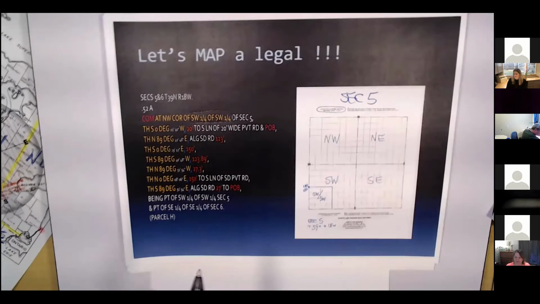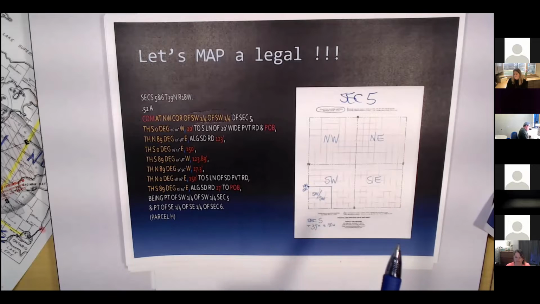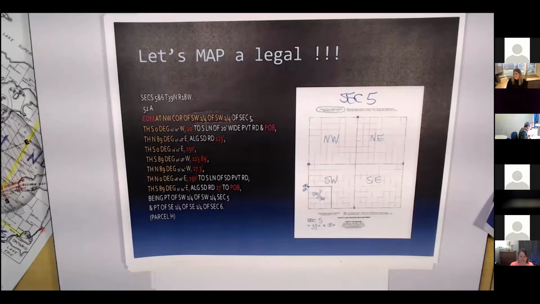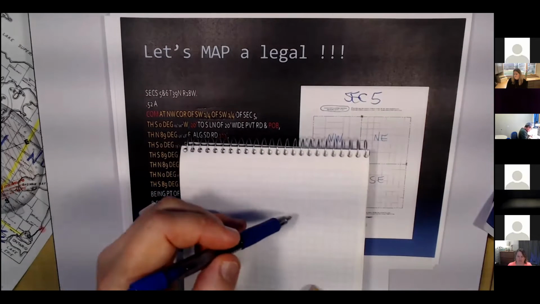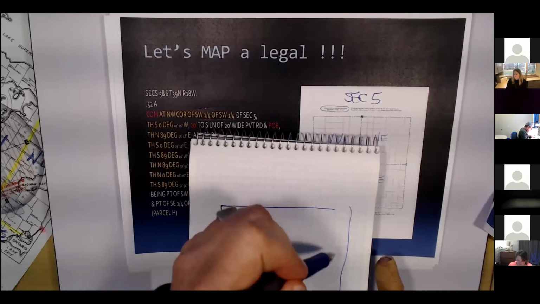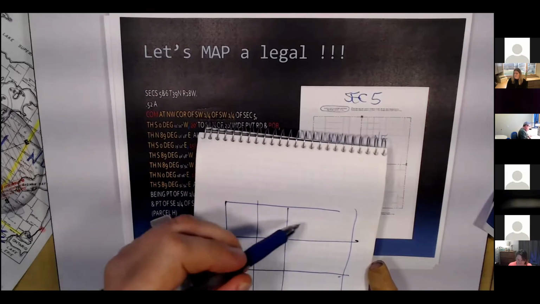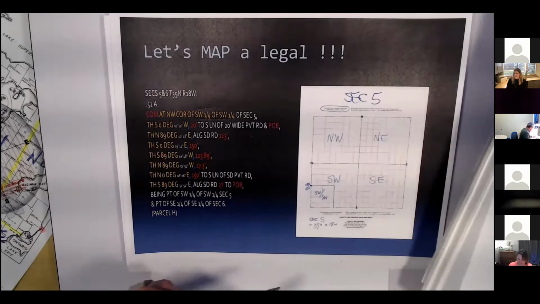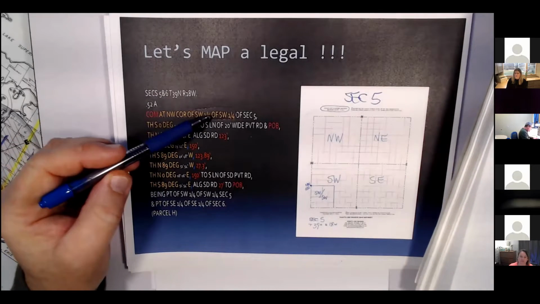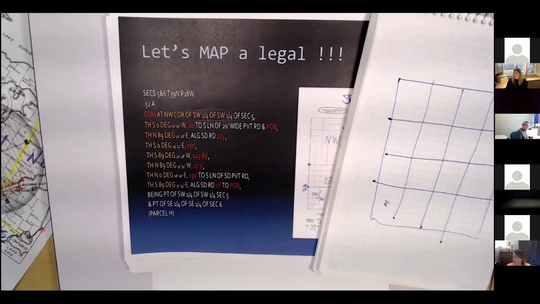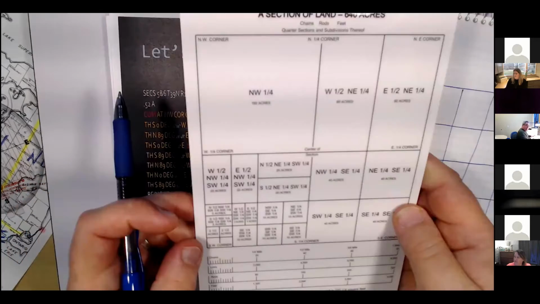You're always going to want to start out again by taking a piece of scrap paper and figuring out where in that square mile you are. So you know that you're in the southwest of the southwest. That's this one right here. You can find that if you aren't quite familiar with that description yet. Again, go back to your reference maps here.